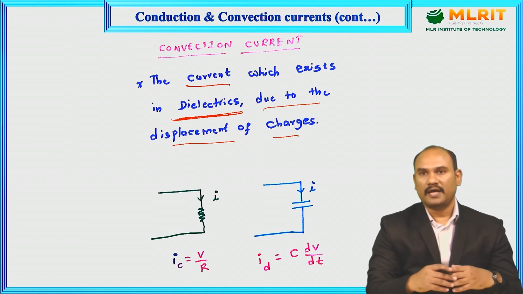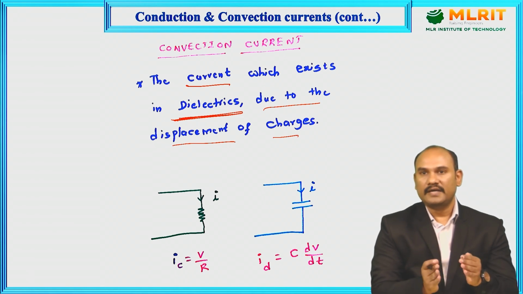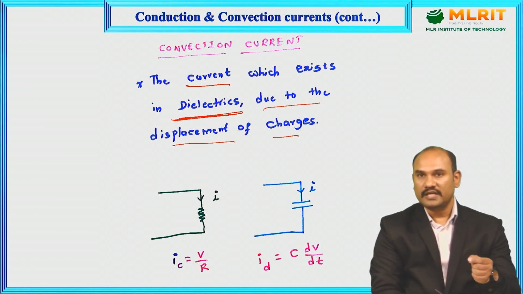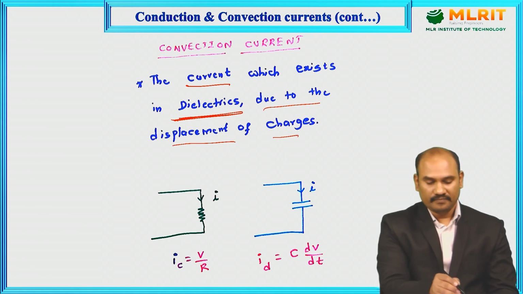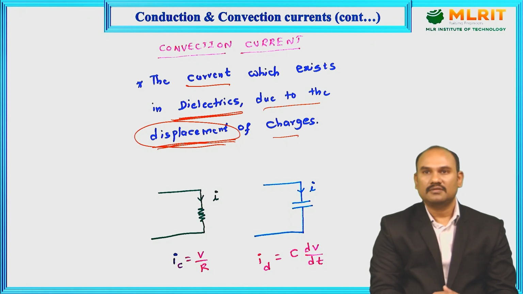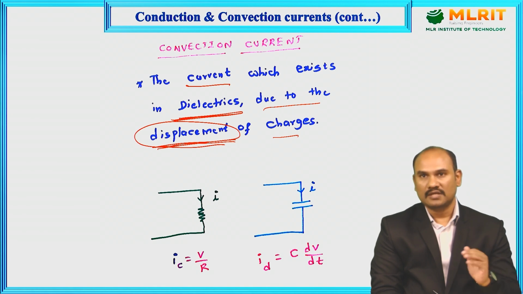So, due to the existence of applied electric field, there is a change in position of the electric charge carriers. That is called convection current. There is another name for this convection current, that is displacement current, because that is due to the displacement of charge carriers. So that is how the other name is derived. Don't get confused. Convection current and displacement current both are same.